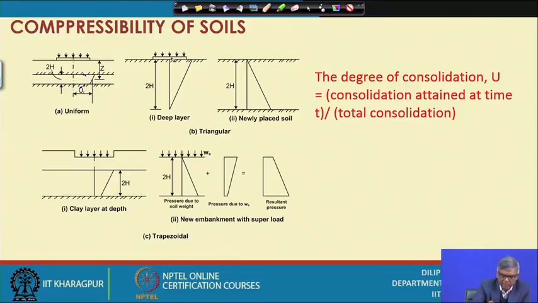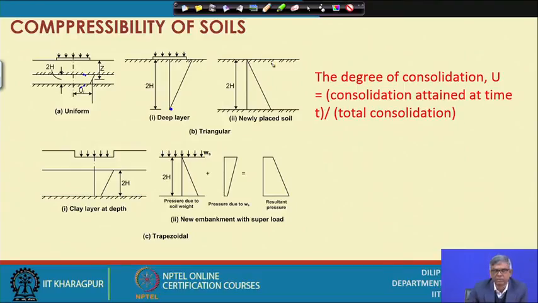Whereas if a load is applied like this over a depth, and I want to imagine the pore pressure from here to here, then pore pressure will be maximum here and minimum here, and at some depth it will become 0. Why is it so? Because of this loading, pressure is decreasing over depth, so pore pressure also will be less.